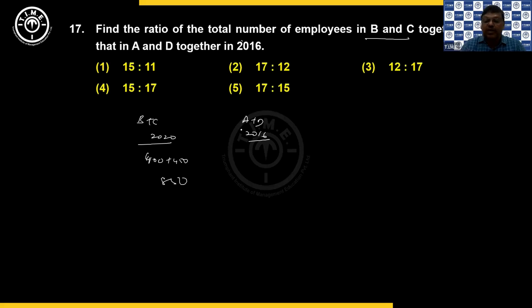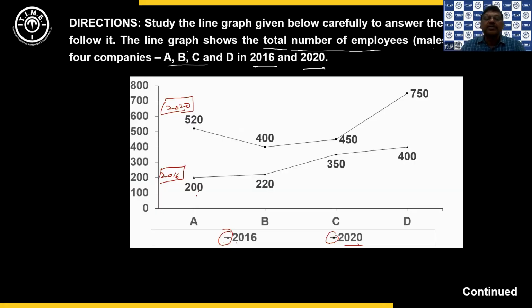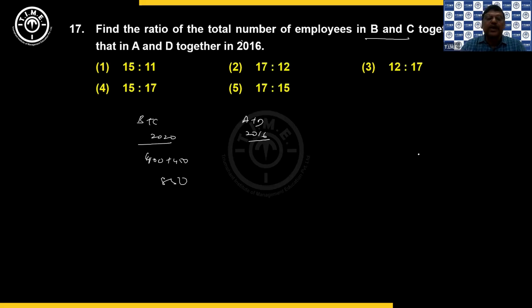A is 200, D is 400. 200 plus 400, 600. So 850 is to 600 means you can say 5 17s, 5 12s, 17 is to 12. Answer is choice 2.